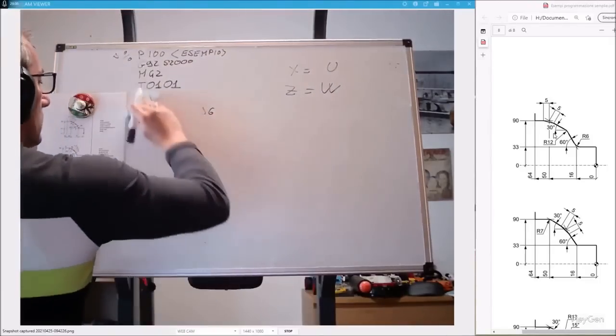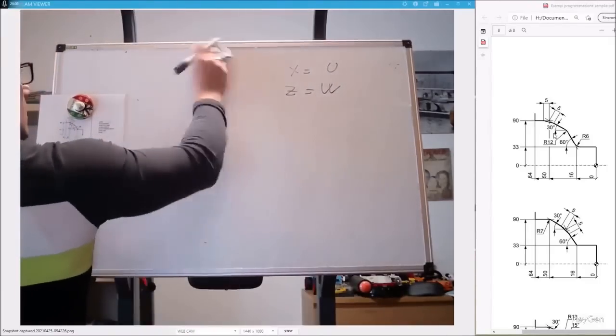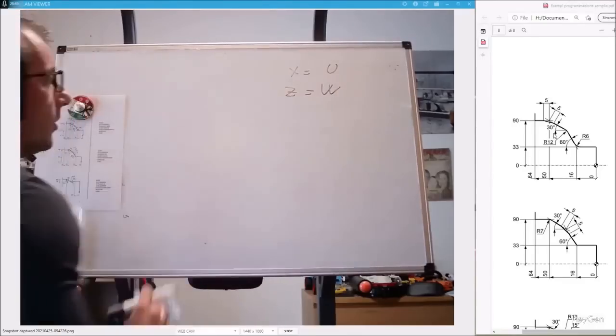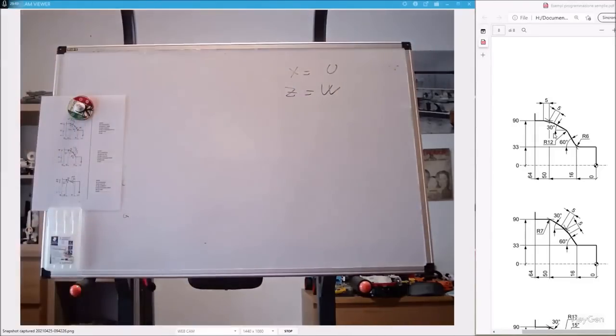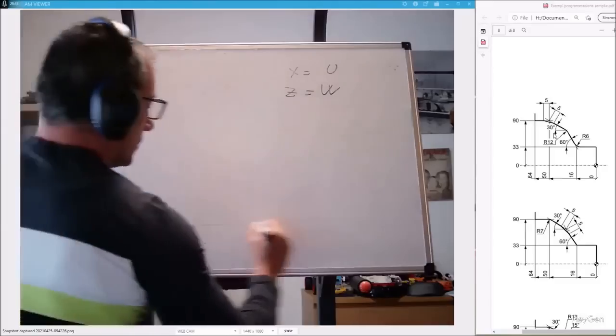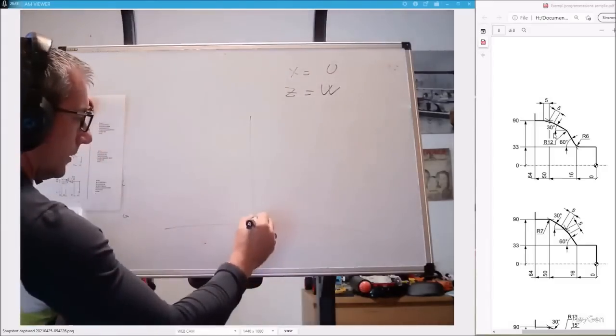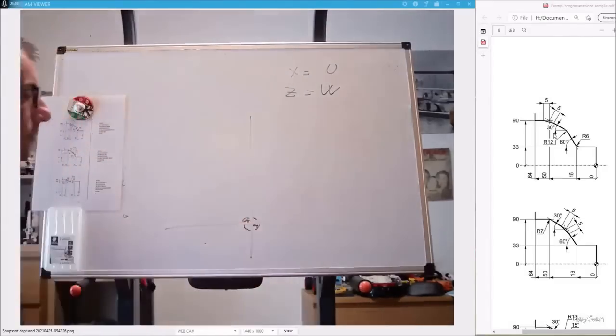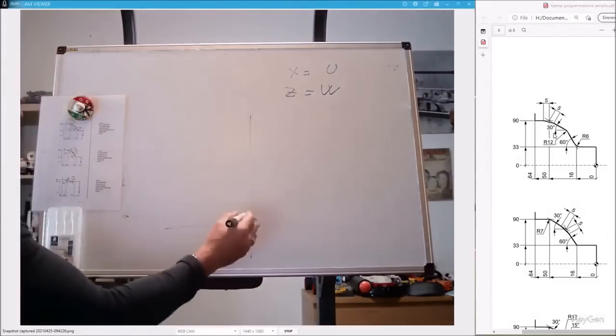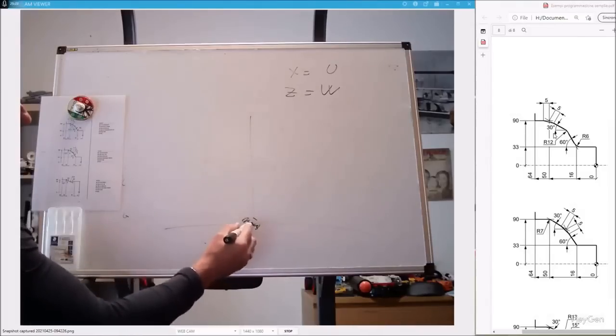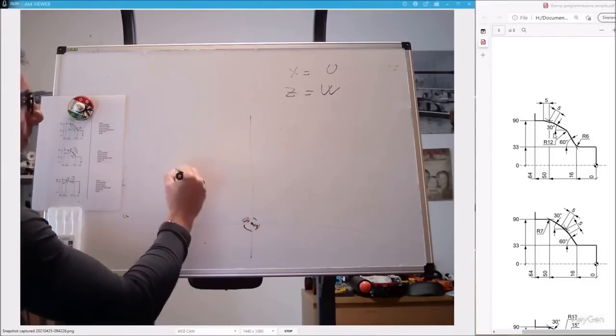Our machine can move in two ways: absolute and incremental. Absolute, this is my reference axis. I give my X and my Z relative to my point 0, 0. So Z minus 10, X 10.